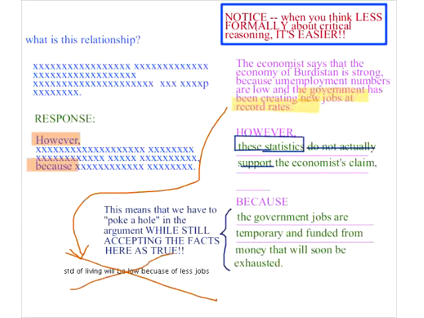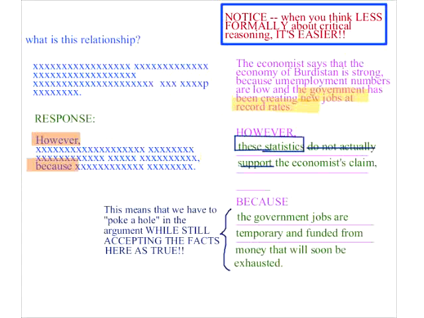If the passage says there are more jobs and they're being created faster than ever, then a statement that says there are fewer jobs is wrong. Let me check that question out in the text box in a second. So this is how weaken questions work.